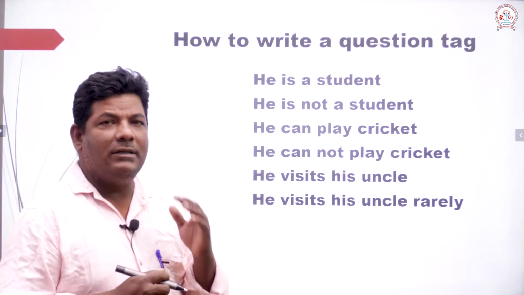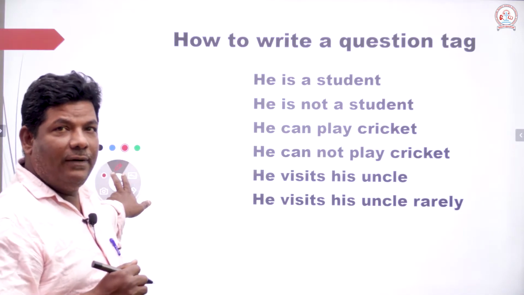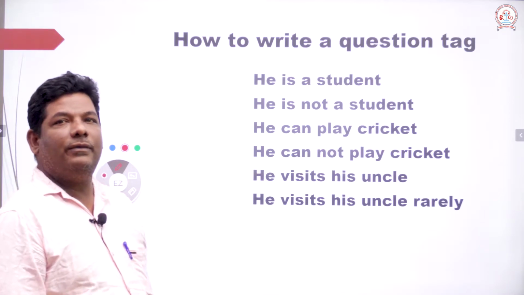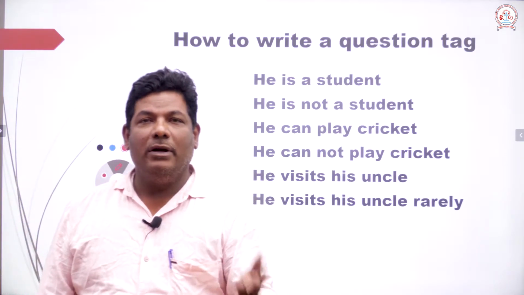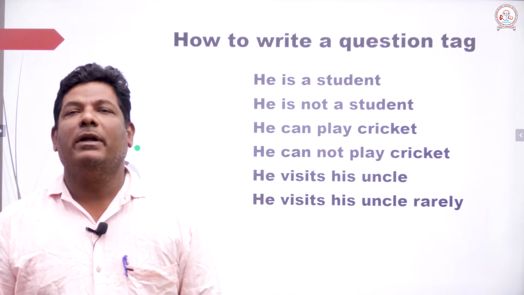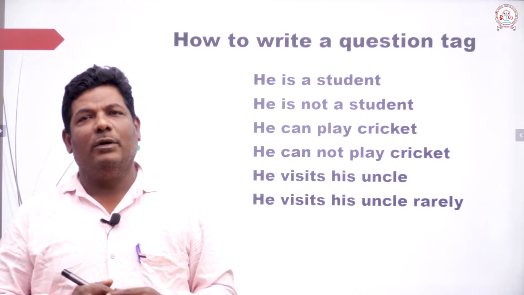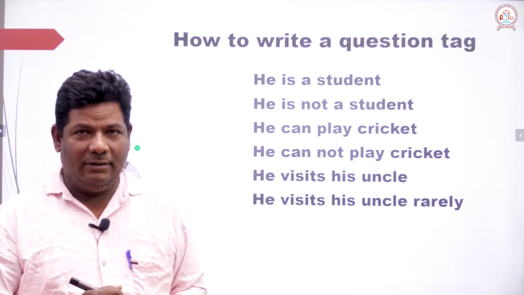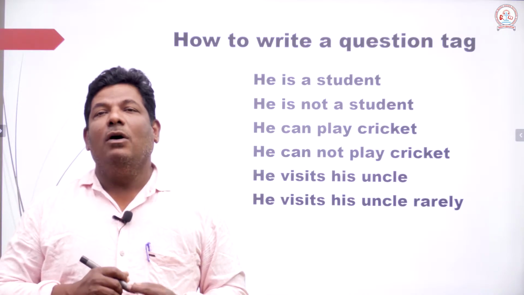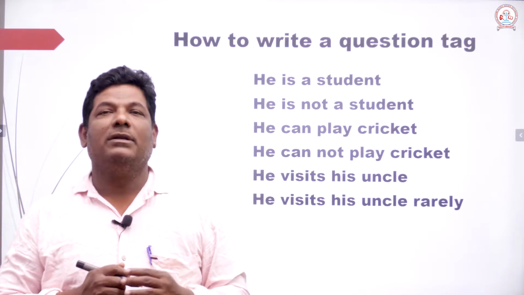The first step in writing a question tag is to identify your auxiliary verb. Maybe it is primary, or secondary, or modal or semi-modal. Don't worry about what kind of auxiliary verb that is, whether a be form verb, have form verb or do form verb. What you have to see is what the auxiliary verb is in this particular sentence.